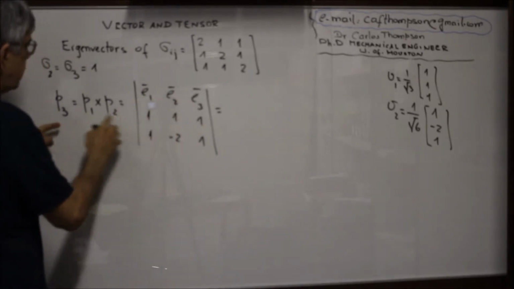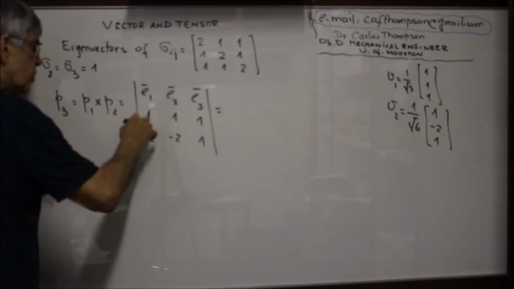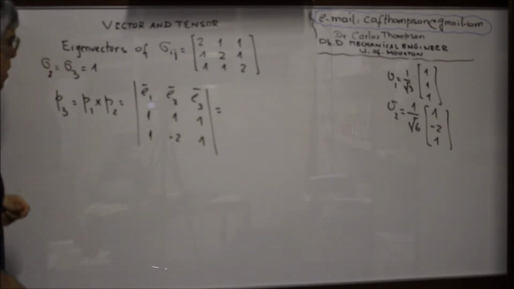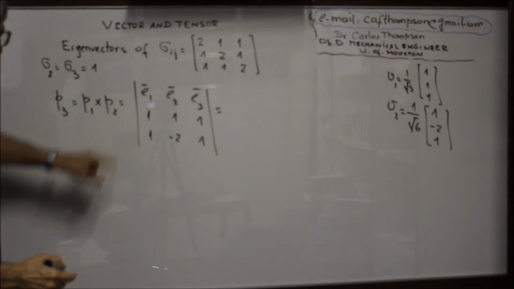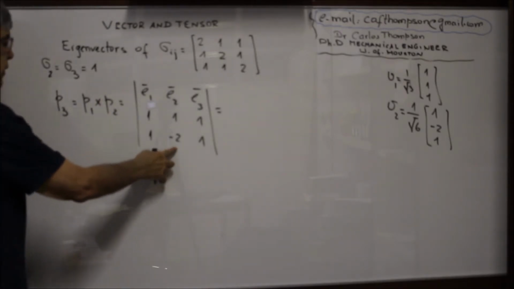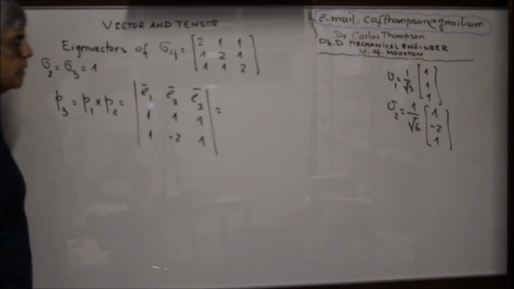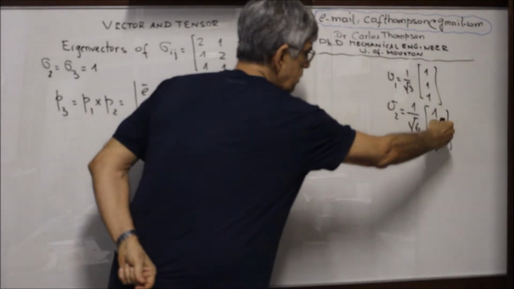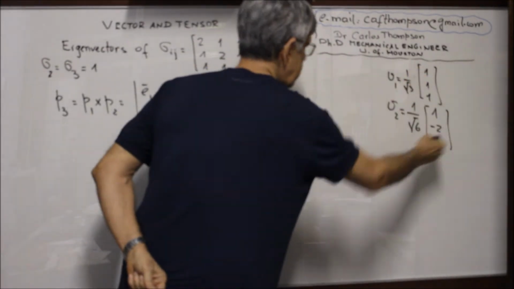Here are E1, E2, and E3. The second row has the components of P1, and the third row has the components of P2.